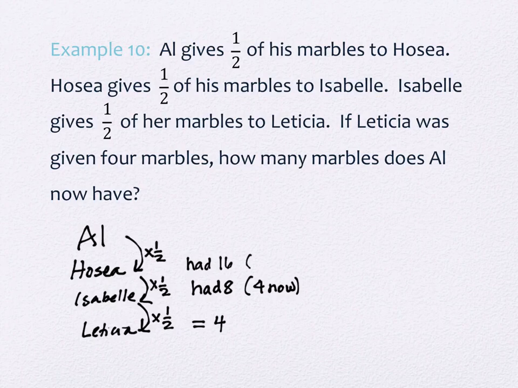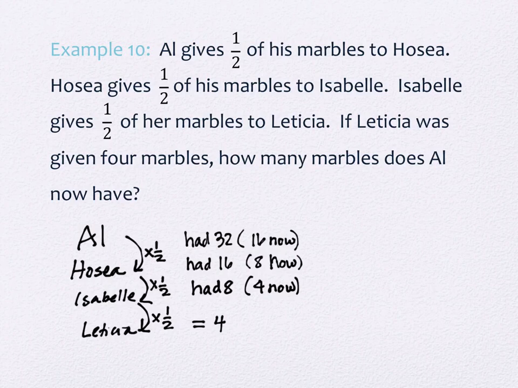He now has 8, right? But if he received 16, he received them from Al. So how many did Al have? 32. He had 32, but he has 16 now. So we need to make sure we answer the question that we were posed.